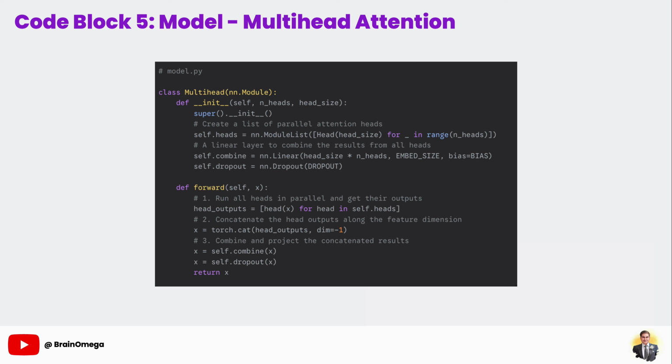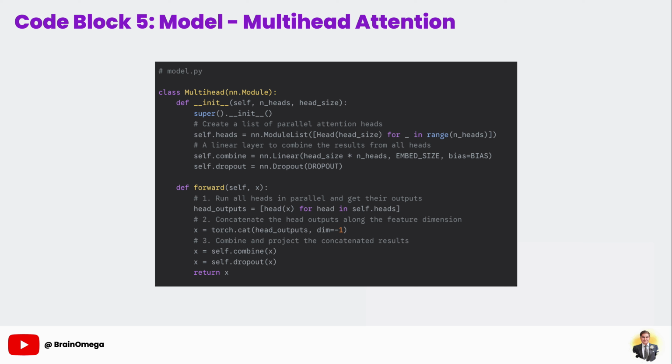So, a single self-attention head is great, but it's like having just one person trying to understand all the different relationships in a text. What if one head is good at finding subject-verb relationships, but another is better at linking pronouns to nouns? That's the idea behind multi-head attention. It's like having a team of specialists. The multi-head class simply creates a list of our head modules and runs them all in parallel on the same input.